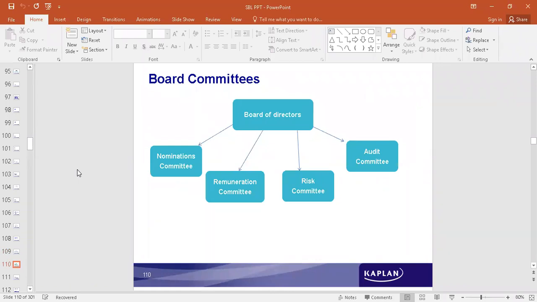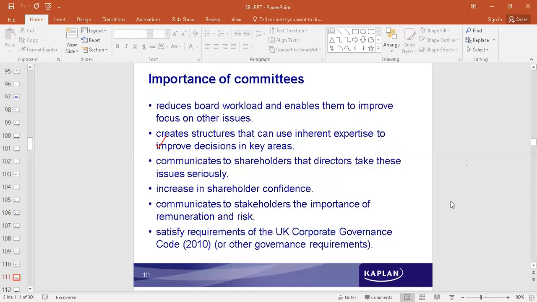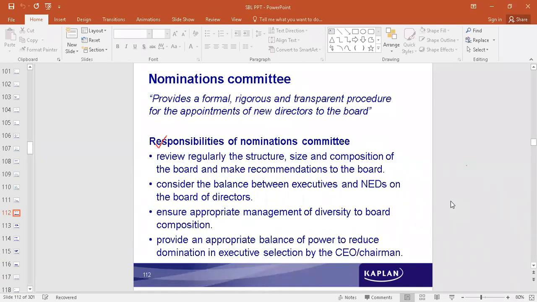We finished learning about the nomination committee, which looks into the appointment of executive directors and the non-executive directors, what kind of directors should be appointed. They look into the details about pay and the position to be assigned from diversified areas. So what is the responsibility?